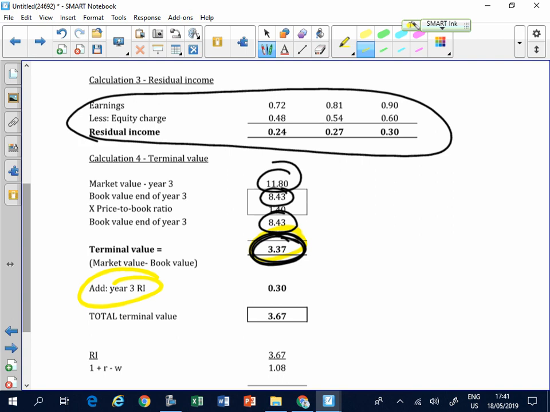So the first one is, when you use the residual income valuation methodology, you have your opening book value, that's a start, and you have all the present value of future residual incomes that you discount back. Now essentially what this does is it says in year 3 you can sell it in the market for that price.